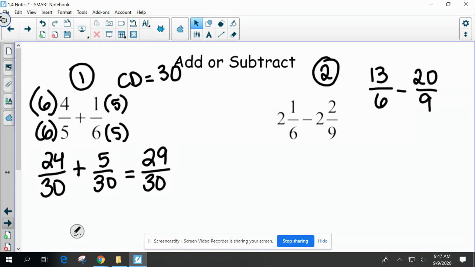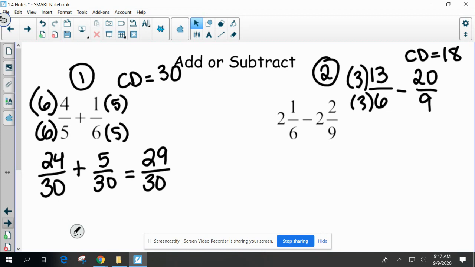Okay, so then I need to look between 6 and 9. What's my common denominator, my least common multiple? 18. I agree, 18. Okay, so then to get my denominator of 6 to be 18, I need to multiply it by 3. So I'm going to multiply my numerator and denominator by 3.